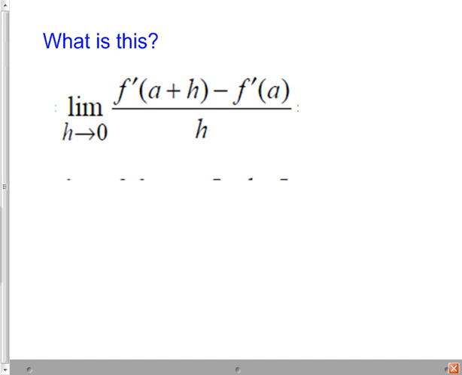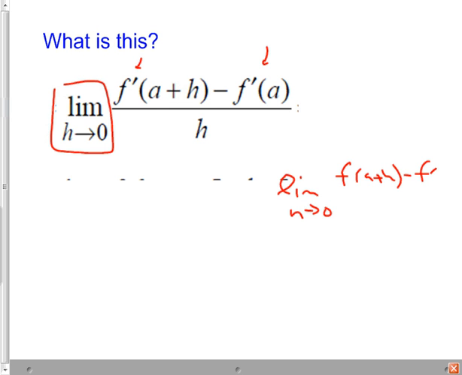Going back, what is this notation? The limit as h approaches 0 of f prime of a plus h minus f prime of a over h. Well, this looks very familiar to this formula, which we've now looked at a bunch.